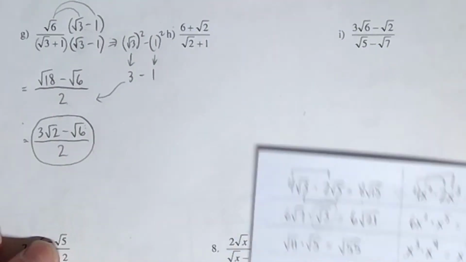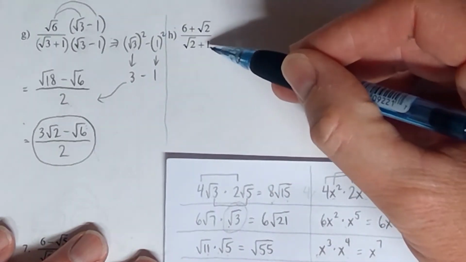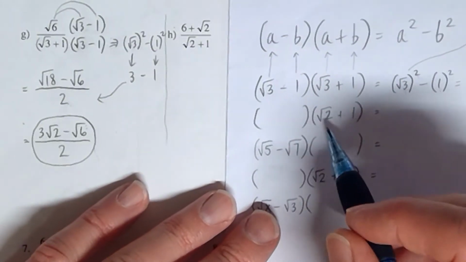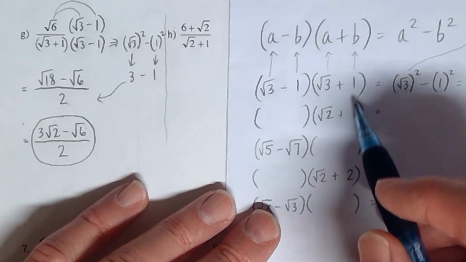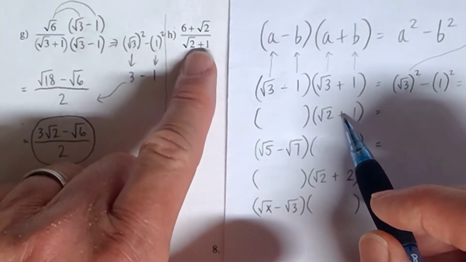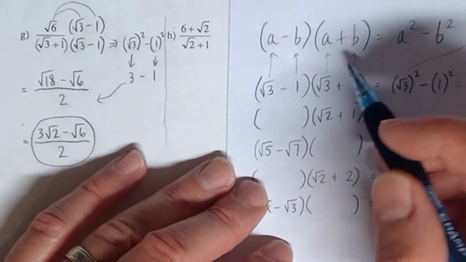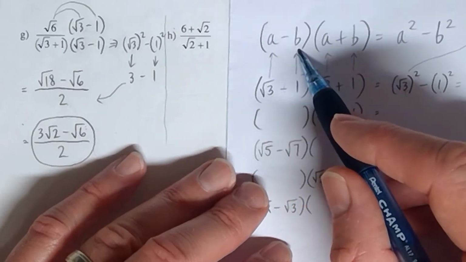Problem H. This time we have square root of 2 plus 1. Square root of 2 plus 1, you can see I wrote it here, and I wrote it on the second part here again because it matches up with a plus b due to the fact that there's a plus in between here. So what do I need to multiply by? Well, if you're doing a plus b to start, then you've got to multiply by a minus b.